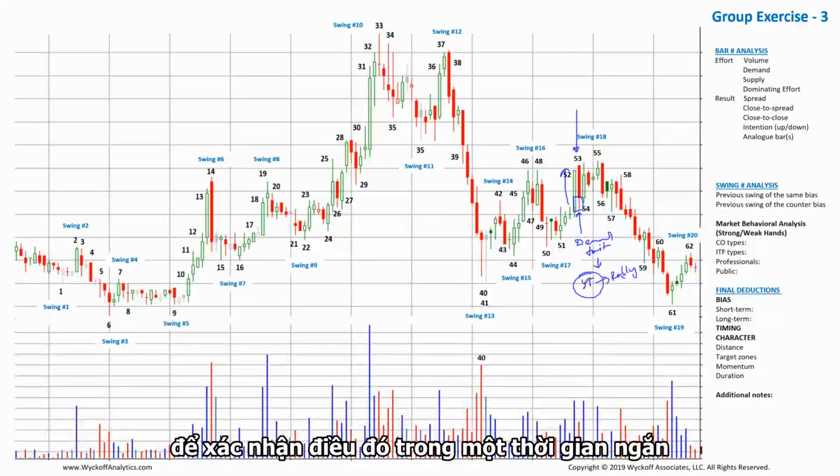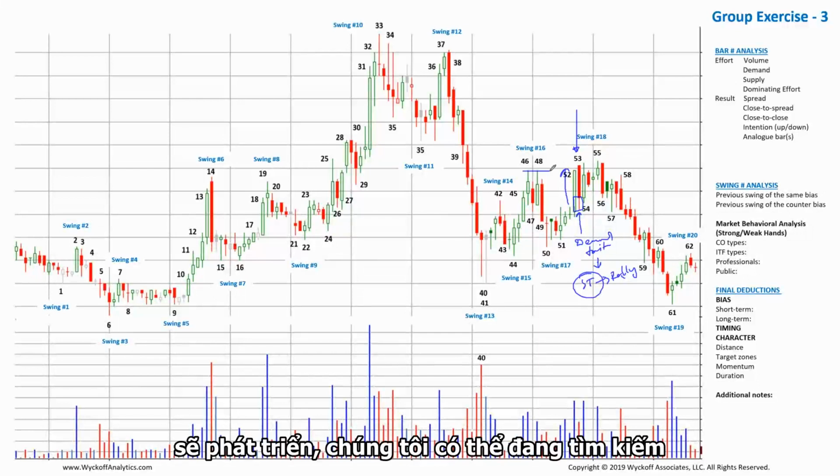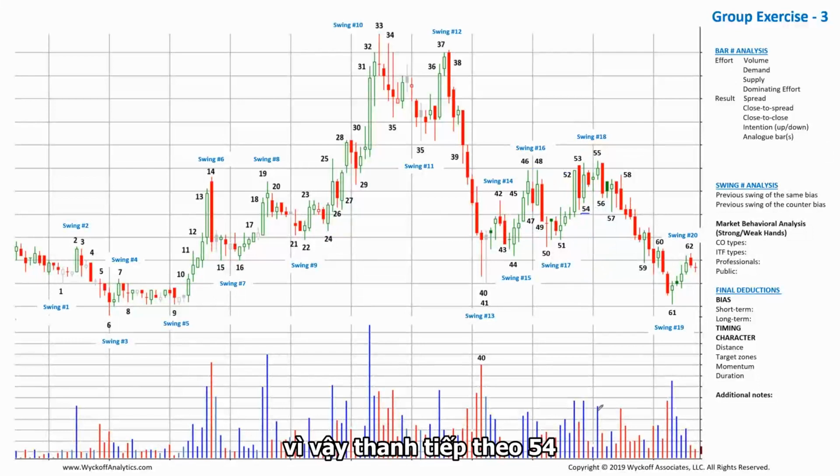So that confirms that on a short-term basis, the rally might happen. So we just need to see. And if the rally is going to develop, we're probably looking at the trading range like we had at 46, 48.